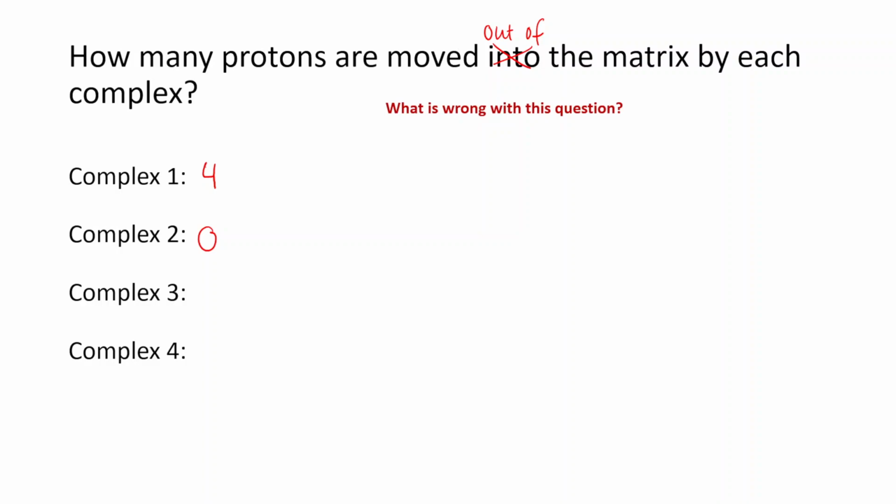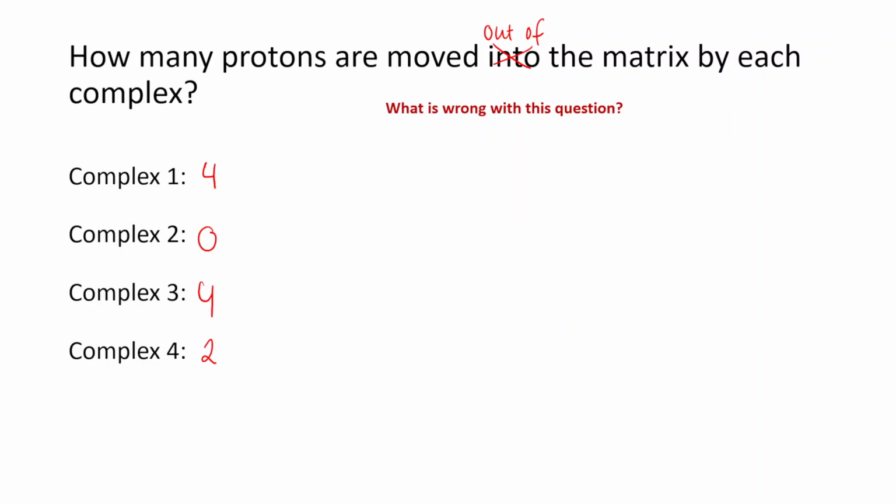So how about complex 3? Complex 3 is 4. Yeah, you're one step ahead. And then how about complex 4? That one's 2. And just to be clear, that's how many protons for every reduced electron carrier that enters. So for every NADH that enters, or for every FADH2 that enters, that's how many protons get moved.